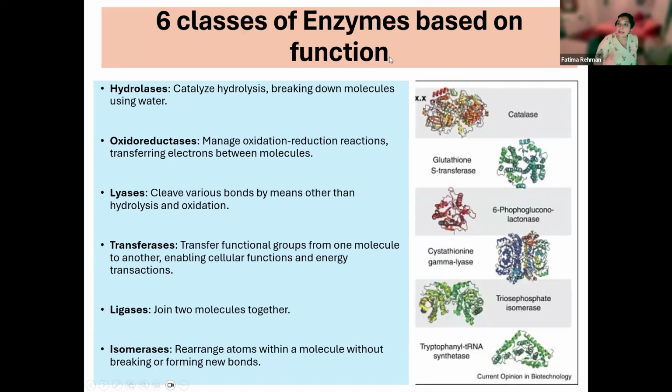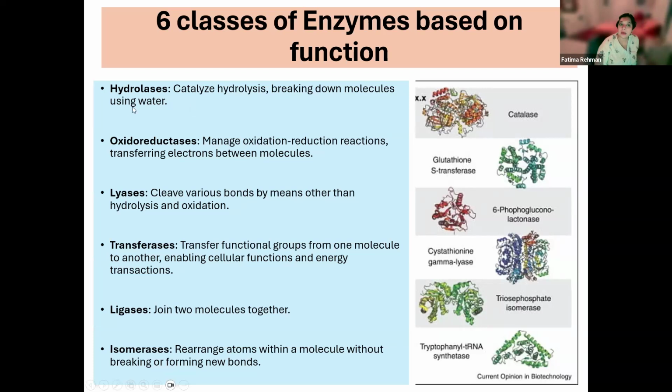Now, enzymes are a very big class of our proteins, and there are six classes of enzymes based on the particular function they perform. Hydrolases are going to catalyze hydrolysis. You can imagine all those macromolecule syntheses that are dehydration synthesis, and then to break them down to release energy, hydrolysis is needed to break them apart.